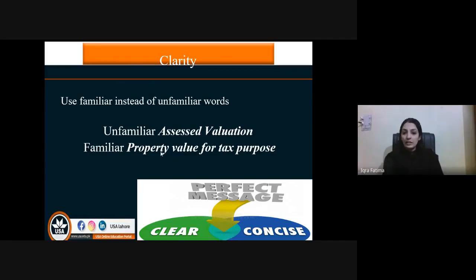But when we are using this, you can see that this is not precise. This unfamiliar word is more precise, but we are not taking the chance of selecting a precise word over a familiar word. We will always select the familiar word because at the end our main purpose is to make our message understandable for our audience.